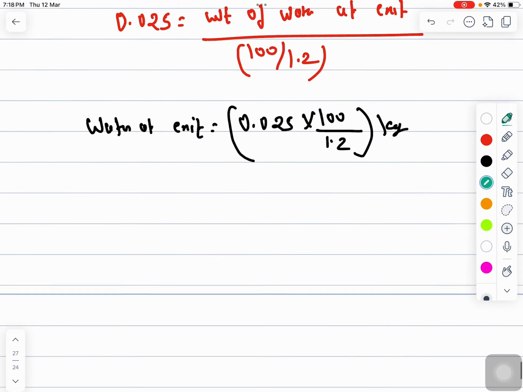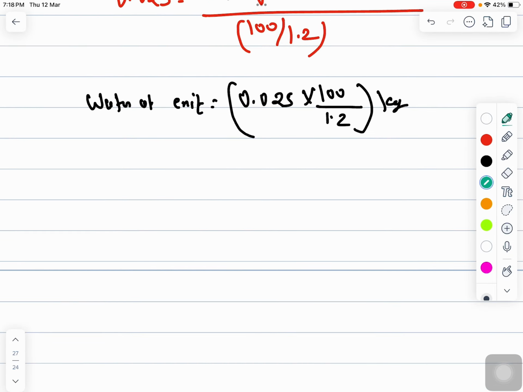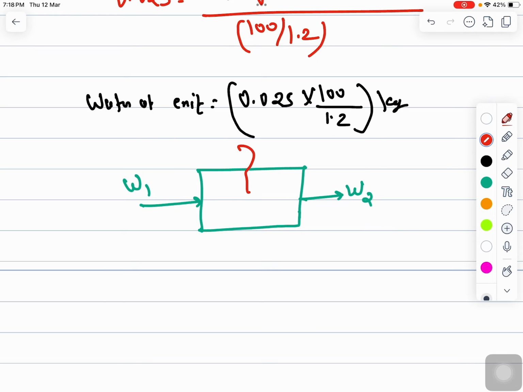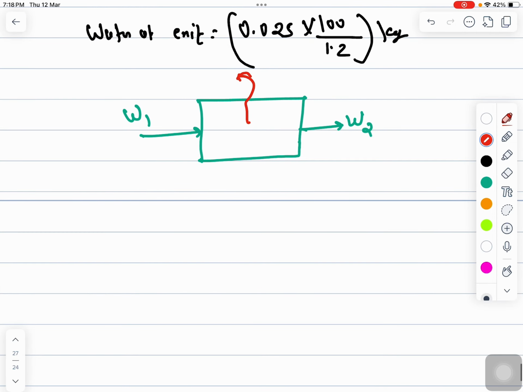kg. So how much mass of water is being removed? Let's say the water entering we have calculated, and the water leaving we have calculated. So you can calculate the mass of moisture removed, which is equal to W1 minus W2.